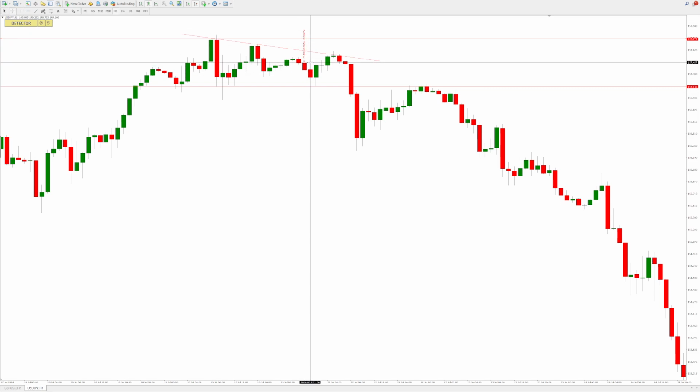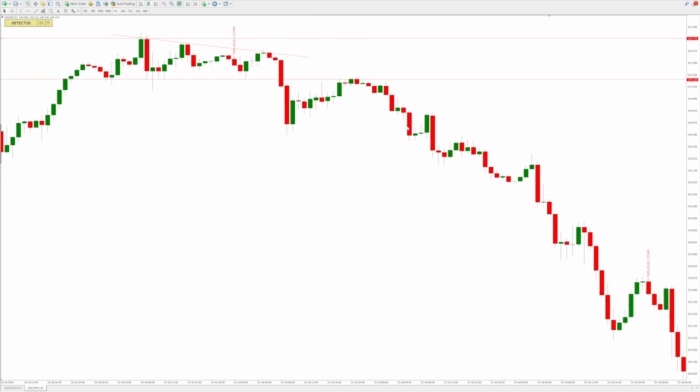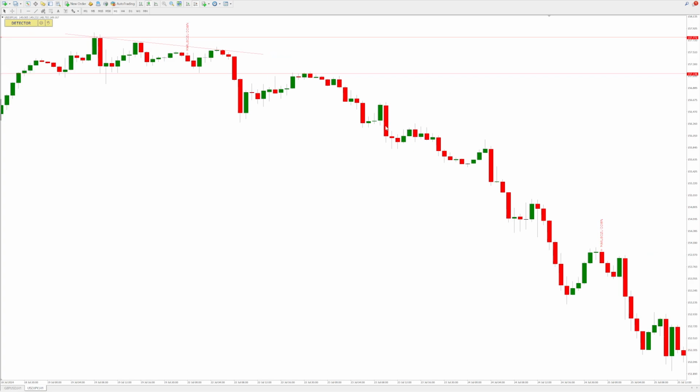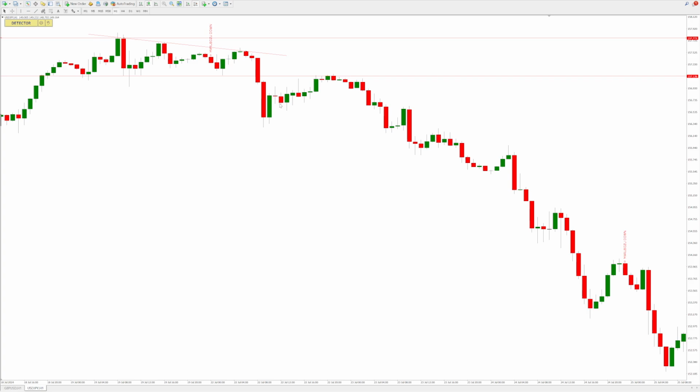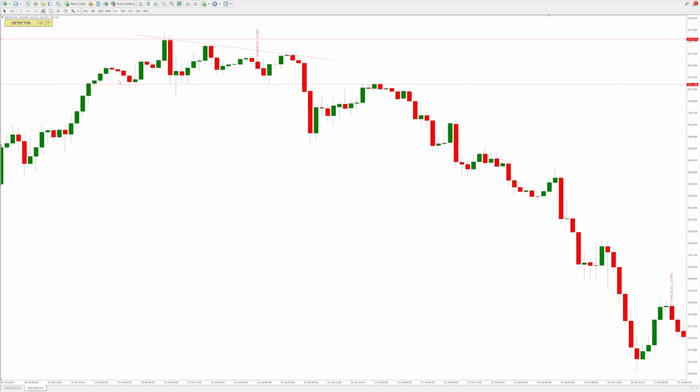You could have taken that as it is and put your stop loss just on the other side of resistance. 30 pips and, well, I mean, over 500 pips on that trade. So you can see that Marubozu, if you do pick it in the right places, it can be a very powerful candlestick pattern. But as I said, I wouldn't trade it as it is without these trend lines, support and resistance marked off.